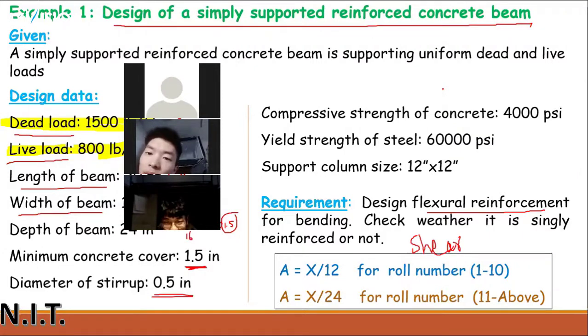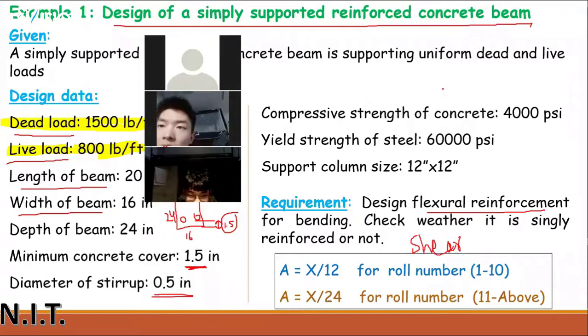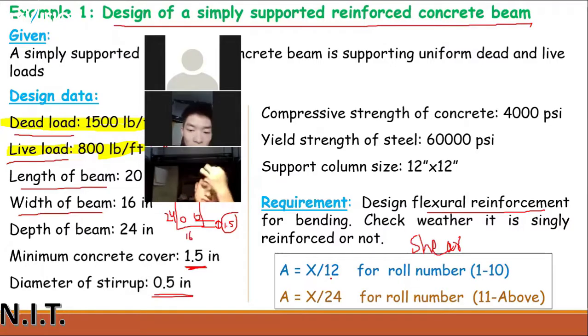Okay, Mr. Joe, I have received your message. And what we need to calculate is the flexural reinforcement and shear reinforcement. And use your ID number: this X means the last two integers of your ID number.